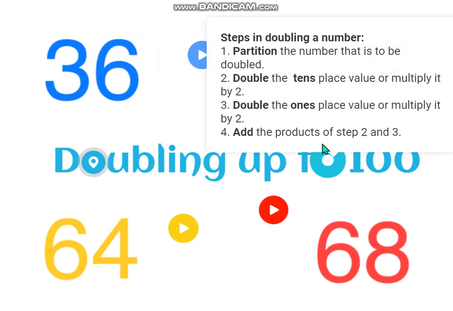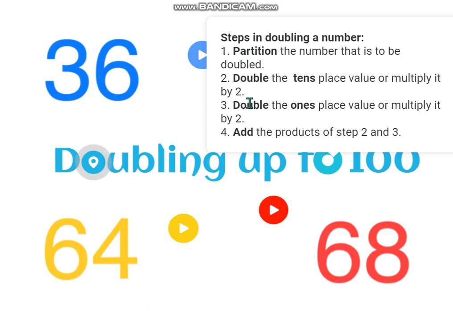Alright, so second step, double the tens place value or multiply it by 2. Now let me remind you that when we double numbers, we are also multiplying them by 2. So step 2 and step 3 are both doubling, or both multiplying by 2.